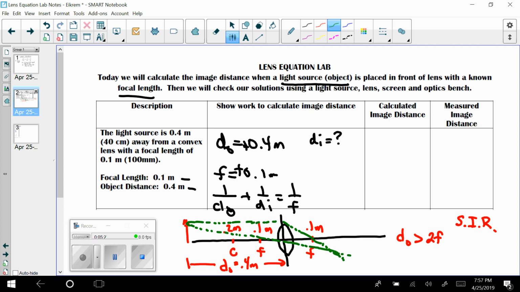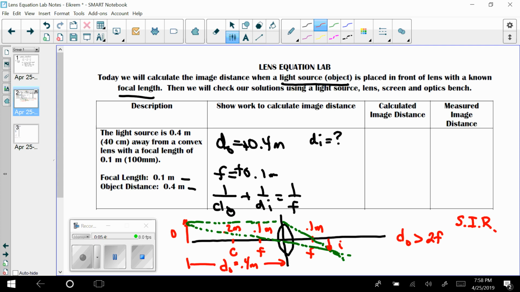These two lines would intersect here, and the image would be located right here. So the image would be smaller, it would be inverted, and it would be real. So this is where the image would be located. Here's where the object is. Okay, so let's kind of confirm this with some numbers.